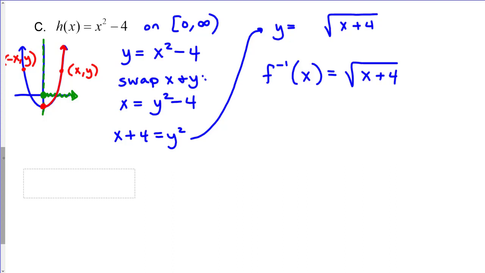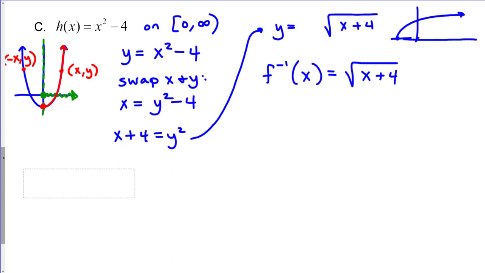And if you graph this function, I'll draw it very small over here, so I'm running out of space. This is a square root graph that is going to be shifted to the left by 4 units. So I'll just bring it back here like this.